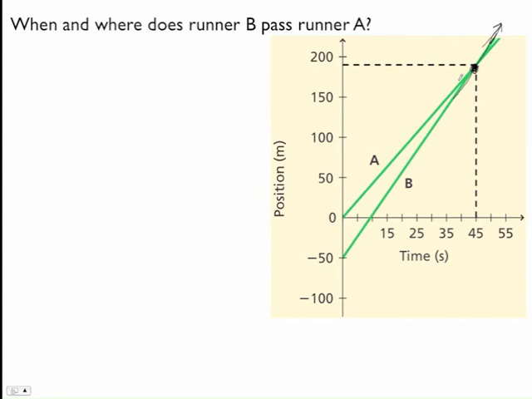So again, that's a graph that they've given you. You don't have to draw the graph, but you do have to understand what's going on in the graph.